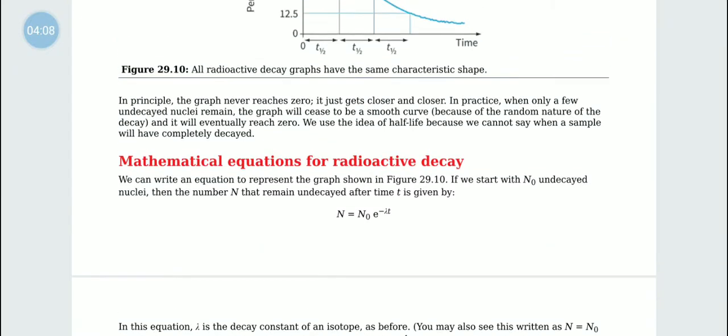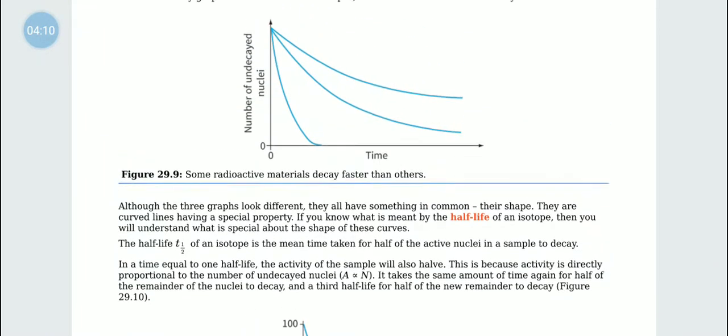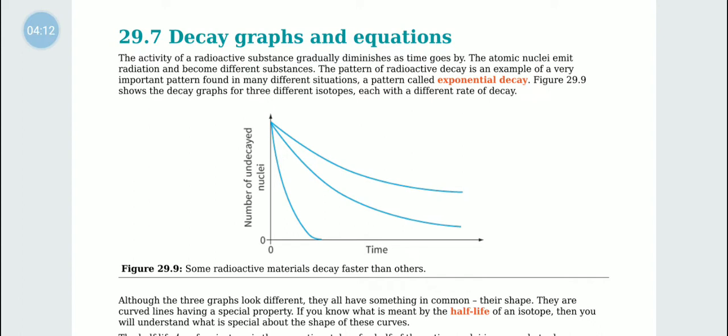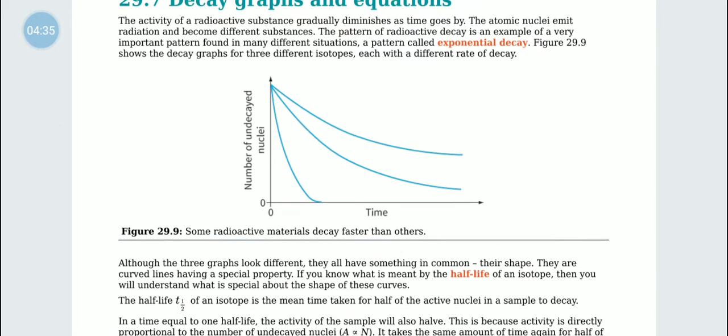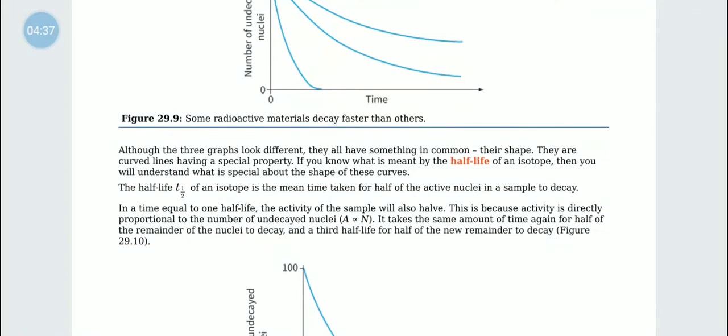Write down a note on this. Decay graphs show an exponential decay because when the rate drops by half, the time remains the same.